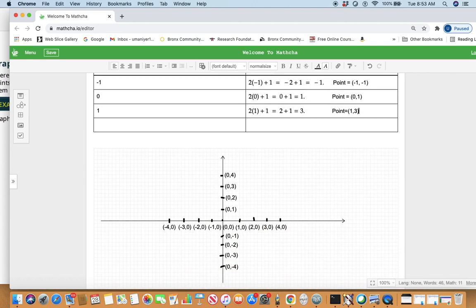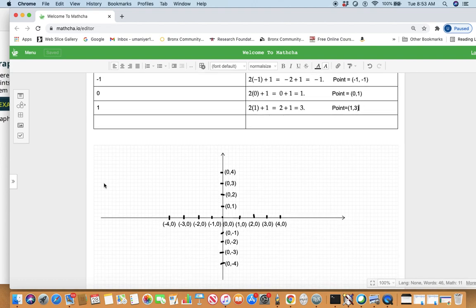So now all we need to do is plot these 3 points. First point, (negative 1, negative 1). You go x value negative 1 and then y value negative 1. X negative 1 takes me left of 0, y negative 1 takes me down. That's my point. Next, point (0, 1).